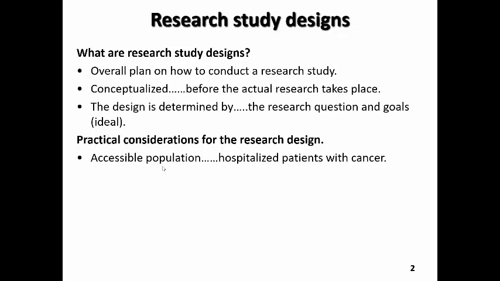And from that population of interest, the researchers will draw a sample. Now, in this example here, the accessible population, based upon the research question and the goals of the research, relates to hospitalized patients that are being treated for cancer.